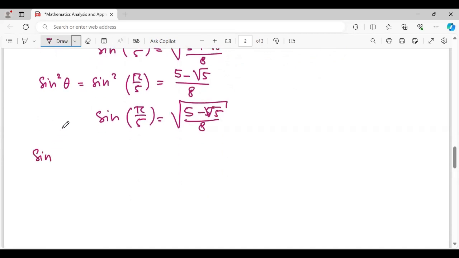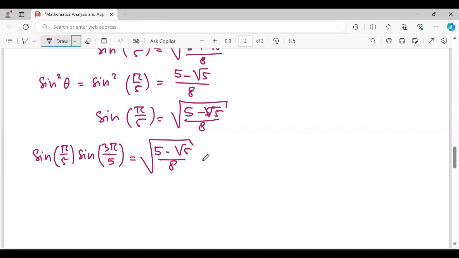And if sine pi over 5 times sine 3 pi over 5, it becomes the square root of (5 minus square root 5) over 8 times (5 plus square root 5) over 8.